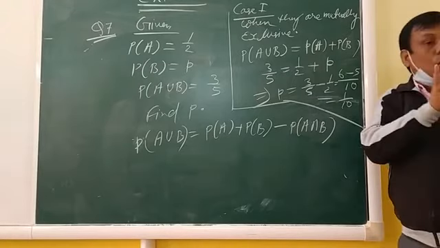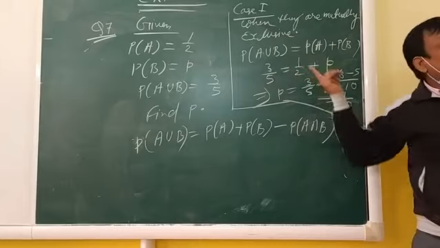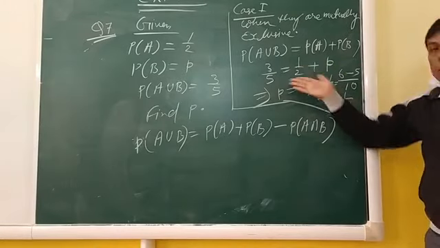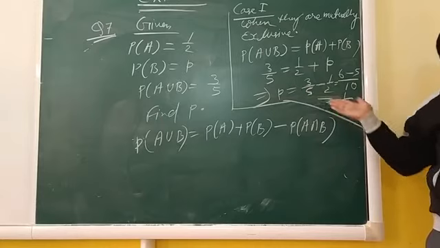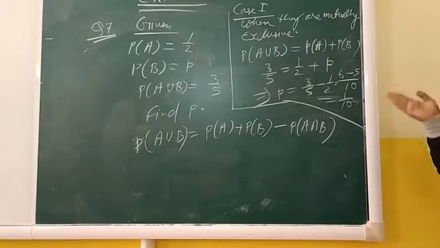Understood or not? When A and B are mutually exclusive, in that case you have to use P(A union B) equal to P(A) plus P(B). Put the value that is given, and very easily you will be able to find the value of p. So here the value of p is 1 by 10. Now you have to move to the other condition. What is the other condition?